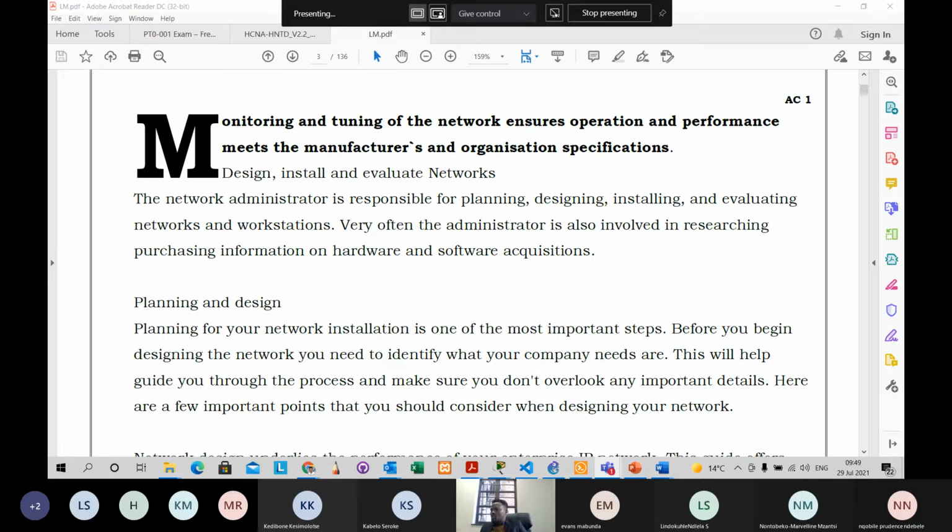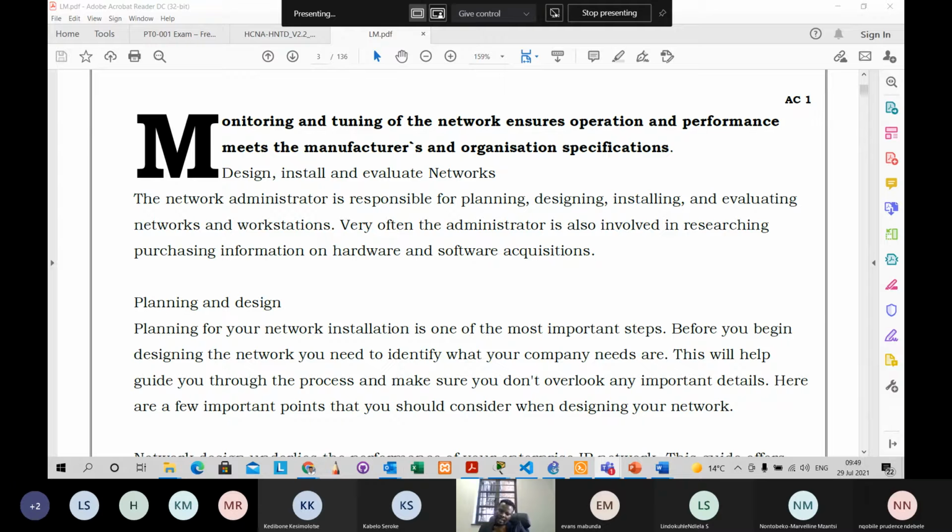Or sometimes you buy a Microsoft Office 365 tool, and then you have to pay a certain amount of money. If the project is for 3 months, I only need to pay for 3 months, unlike when you purchase an annual license for a year. So those are the things that come into play when you are designing your own network.